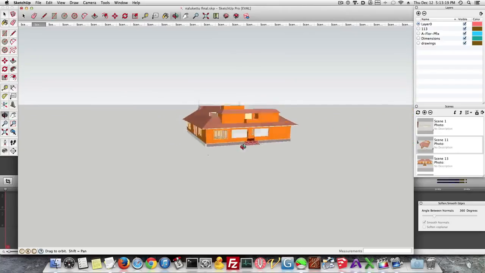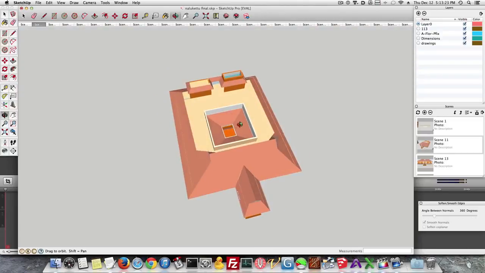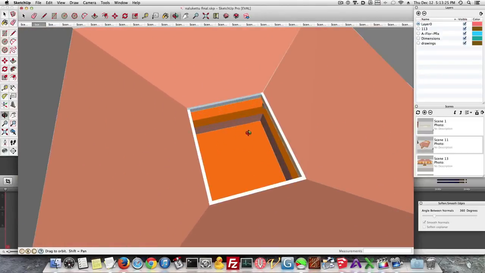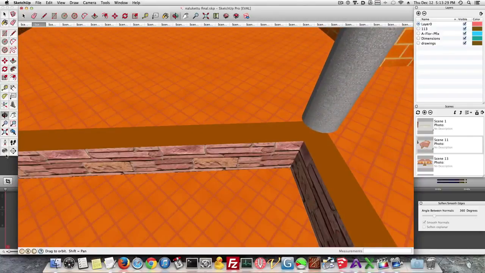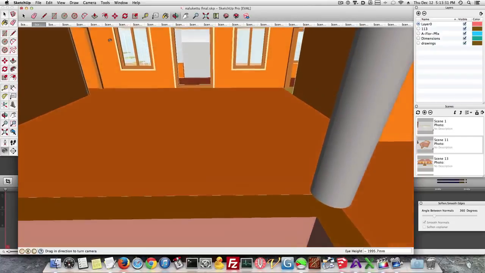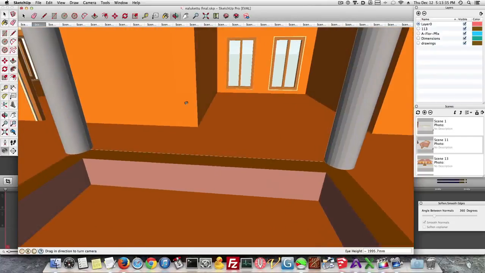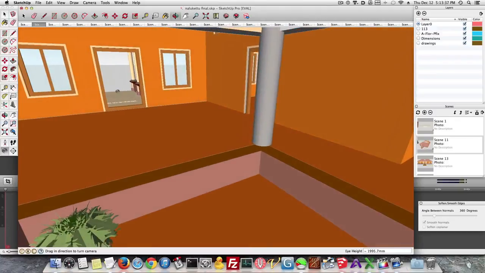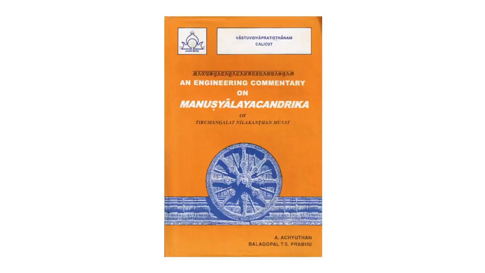It would be like a square donut, and the center of that donut would be the Brahmastan. It's like an open to the sky, and then from the outside you only see one single big building. It's called Samslishta Bhinna Shala. And there's other types that you can further study by reading Manushyalaya Chandrika.